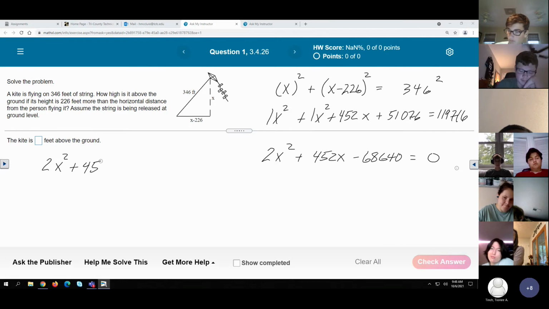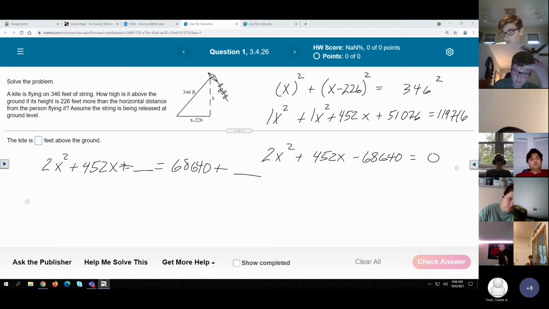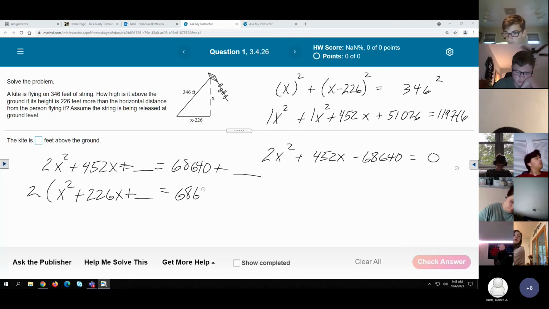Plus 452x plus blank is equal to 68,640 plus blank. Factor out a 2. That's going to give you x squared plus 226x plus blank is equal to 68,640 plus 2 times blank. Half of 226 is 113.